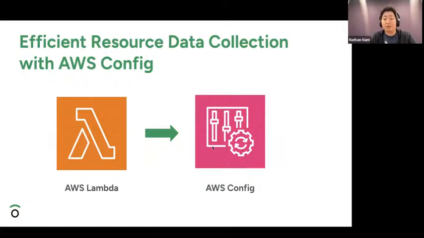AWS Config delivers a configuration snapshot directly to your S3 bucket, which is then securely transferred to Observe. This approach eliminates potential Lambda timeouts, and it scales effortlessly with a larger AWS environment as well.